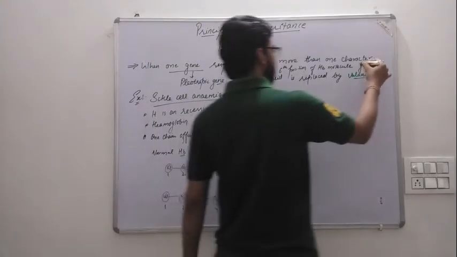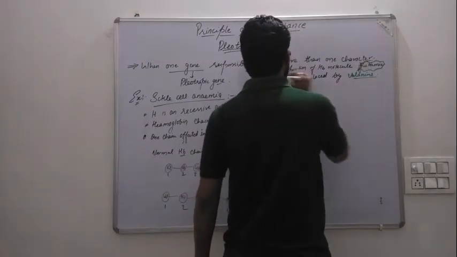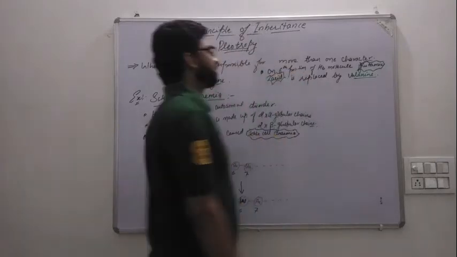So glutamic acid replaced by valine on the 6th position is called sickle cell anemia.